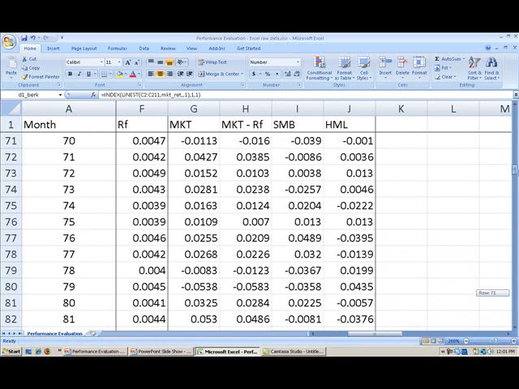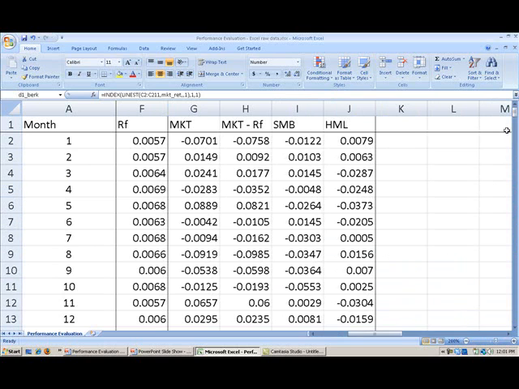So let's scroll back up now to the top of the worksheet and do just that. Let's calculate predicted returns. Label things up. Predicted Fidelity return, predicted Berkshire return.